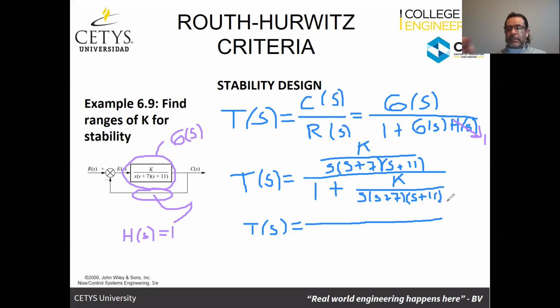Okay, so I'm going to multiply by that on each side. And I'm going to take advantage and also multiply this so we can have the whole polynomial. So S times S is going to be S squared multiplied by S is going to be S to the 3. 7S plus 11S, it's going to be 18S multiplied by S, it's going to be 18S squared. 7 times 11 is going to be 77 times S is going to be 77S.